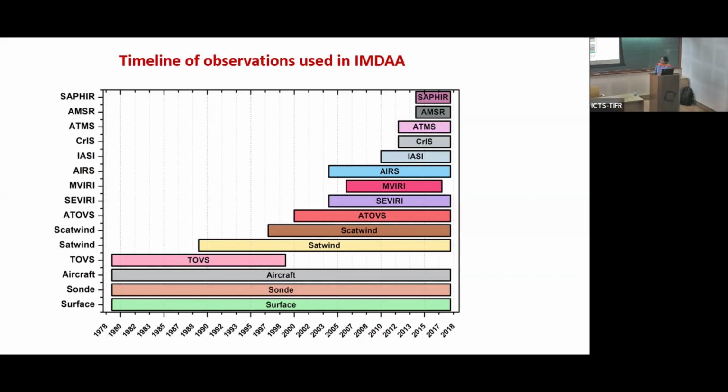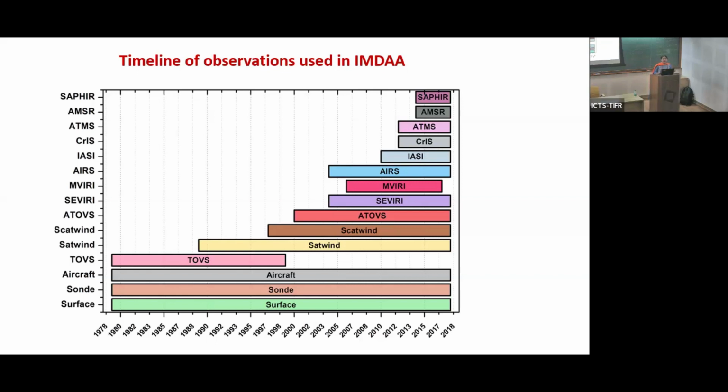From 1979 throughout the period of IMDAA, we assimilated the surface observations, mainly SYNOP, then buoy, and some of the METAR observations. Similarly, we have the upper air observations like radiosonde, and we have the aircraft observations. These are the 3 conventional observations we assimilated throughout the period of the IMDAA reanalysis.